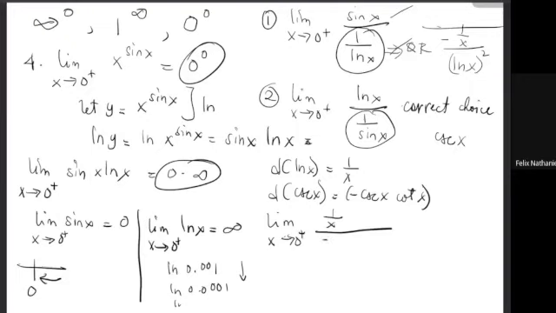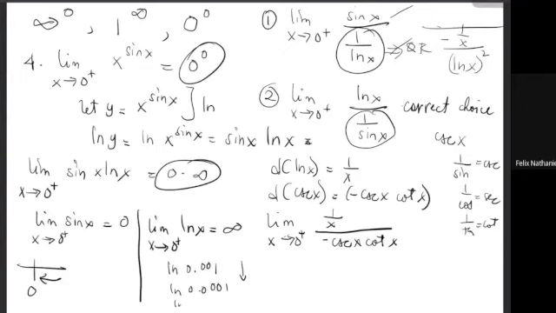It is not an indeterminate form anymore. So you have cosecant cotangent of x. Actually, you can simplify this. We know 1 over sine is cosecant, 1 over cosine is secant, 1 over tangent is cotangent.